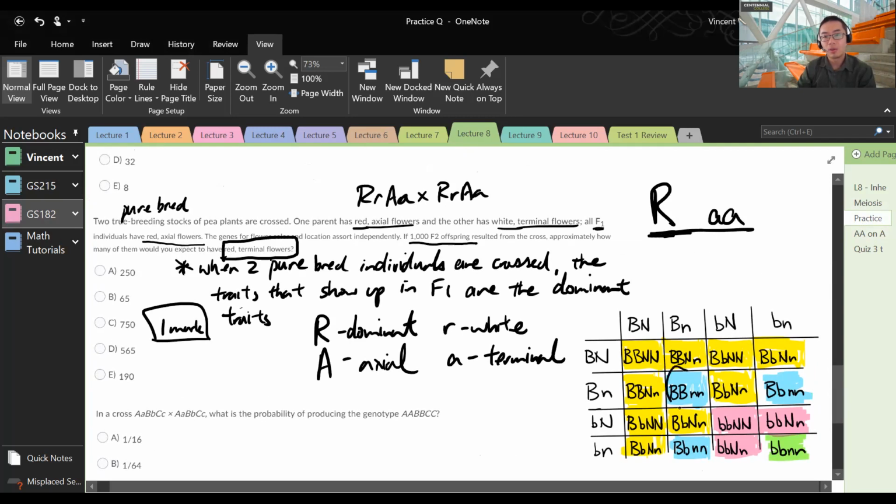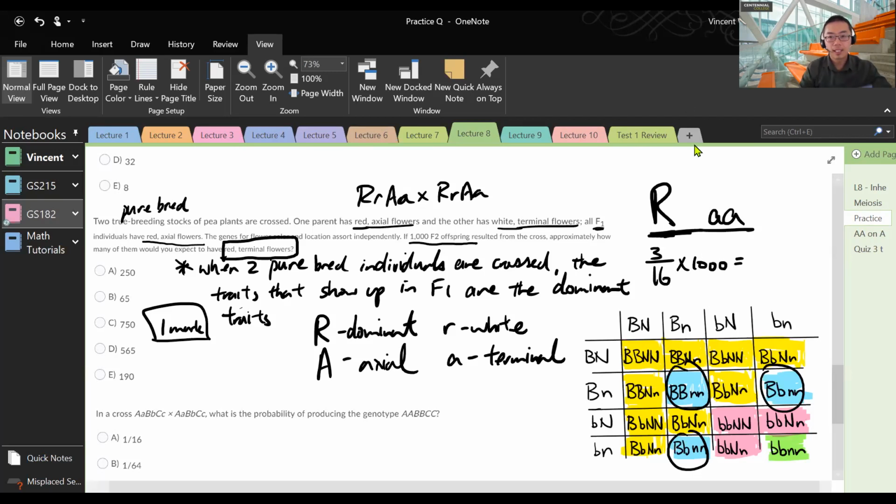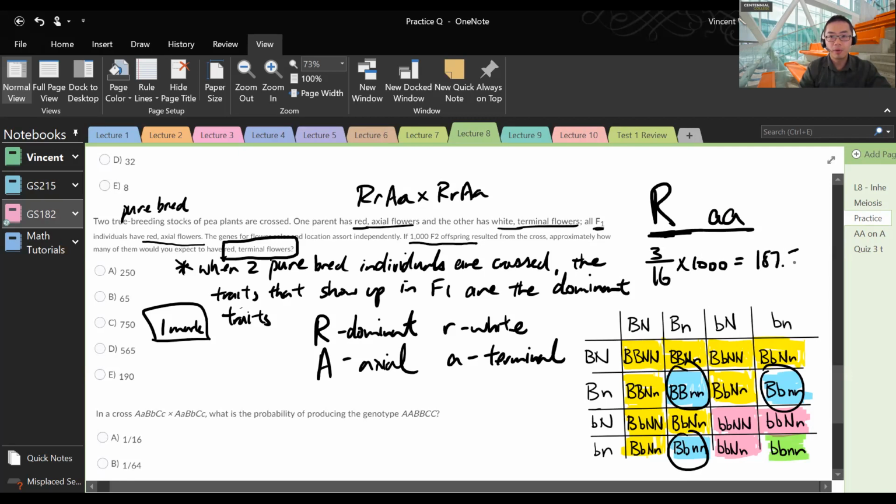And if you look at it, only 3 of them are like that, right? Okay, it's just different letters, but it's the same concept. So that means 3 out of 16 times 1,000, right? I don't know what that is. We got to plug that into the calculator. That's going to be 187.5, right? So the closest answer is E.